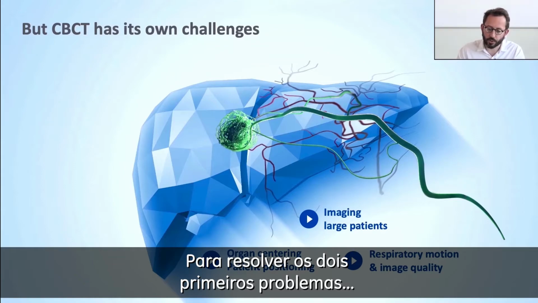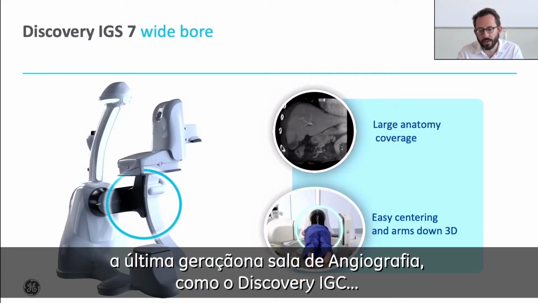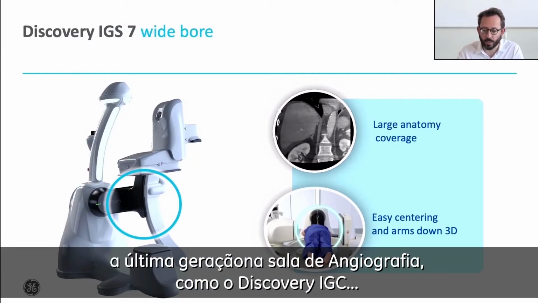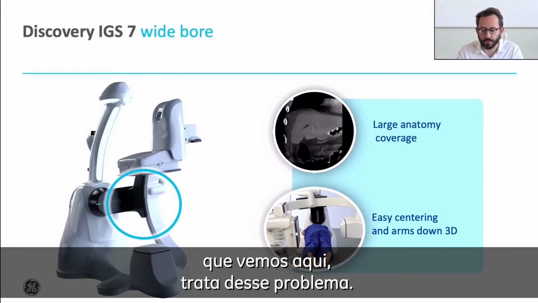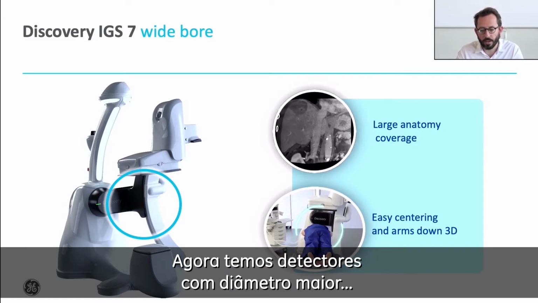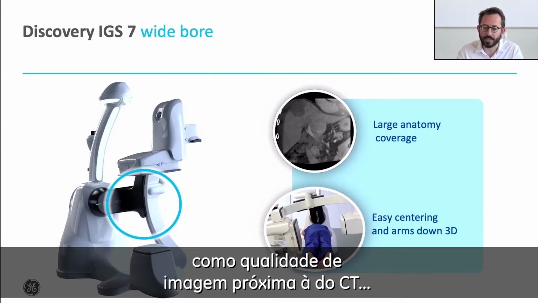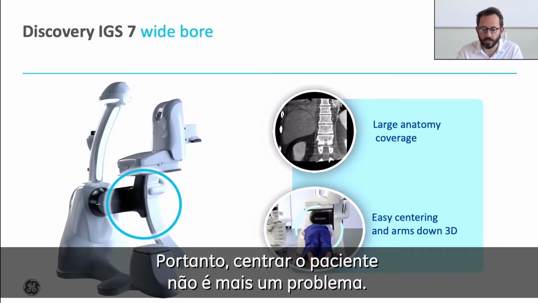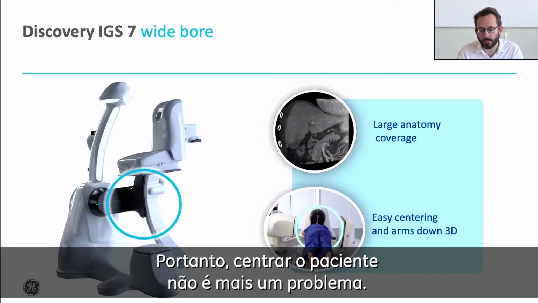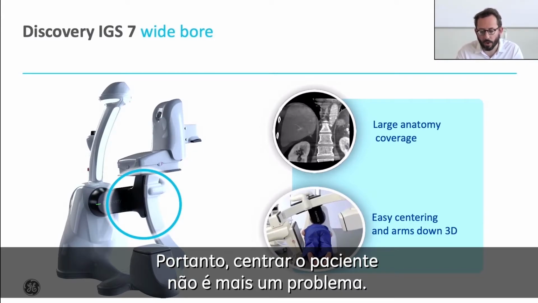Now, to address the first two problems, the last generation angio suites, such as the Discovery you see here, really address that. You now have large bore detectors. You have almost CT-like image quality. So centering the patient is not that much of a problem anymore.